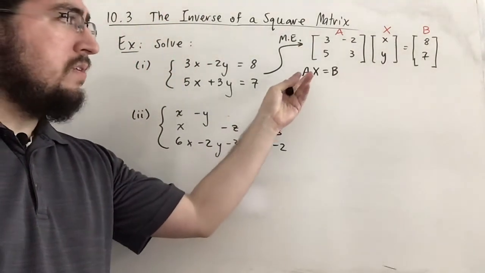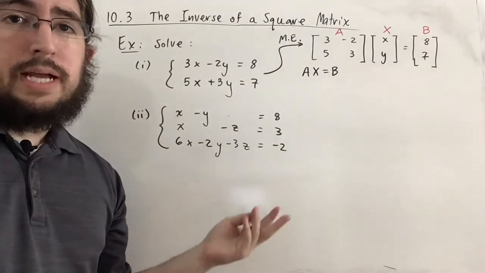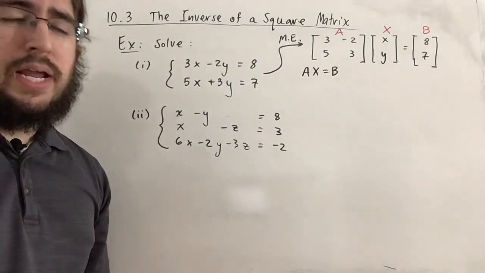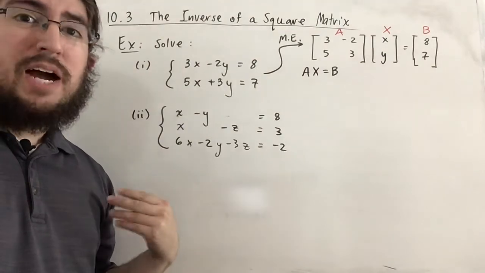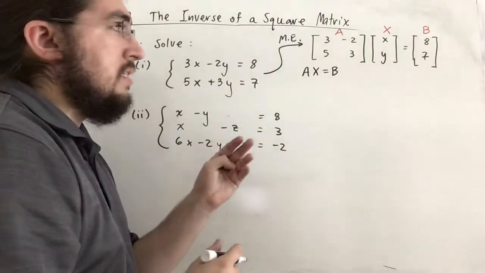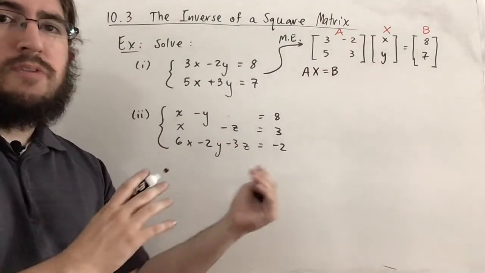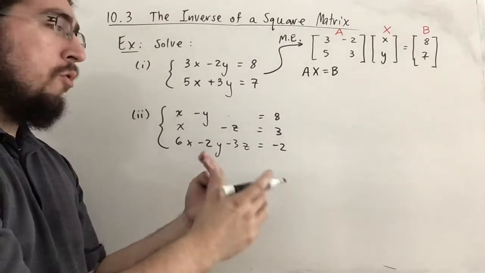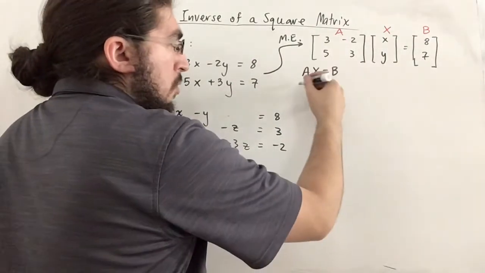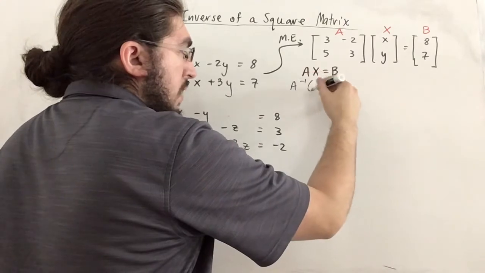So notice you would want to divide by A to get X by itself, right? And so X would be B over A. With matrices, we can't really divide, but we can multiply by inverses. But remember, matrix multiplication is very particular on what side you multiply things on. So I'm going to multiply both sides by A inverse on the left.